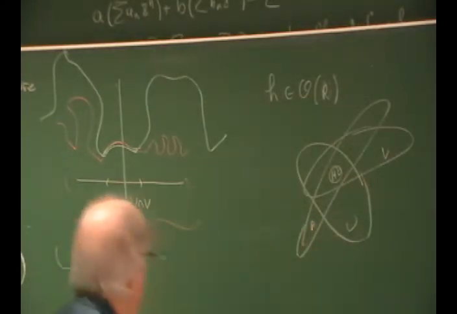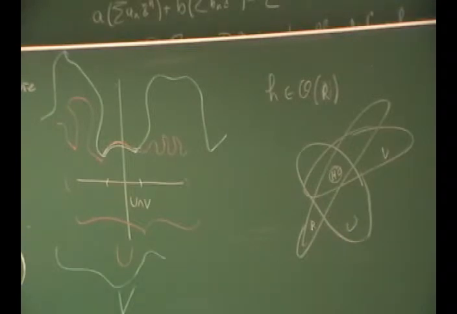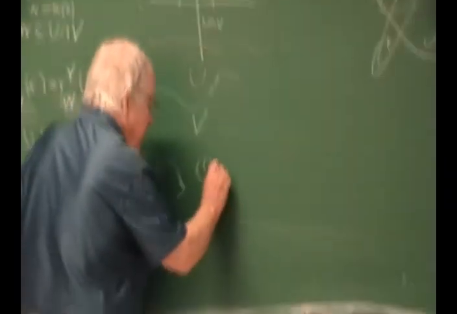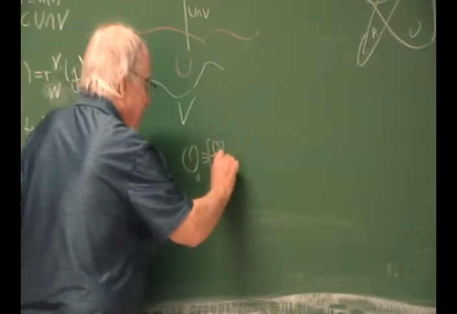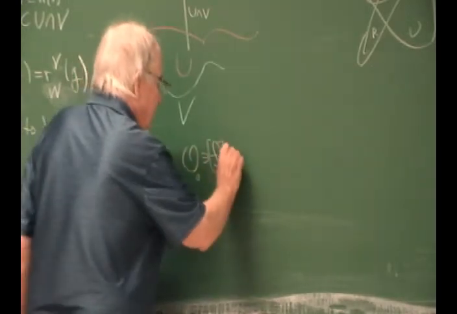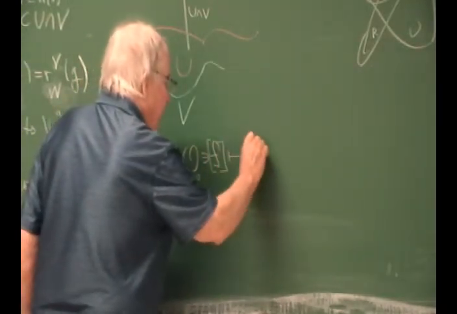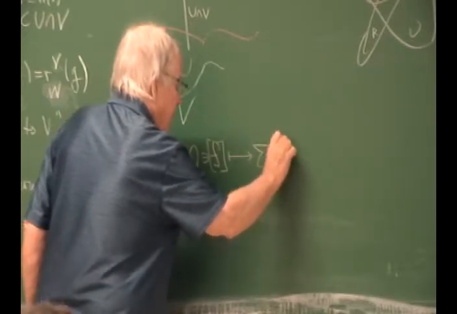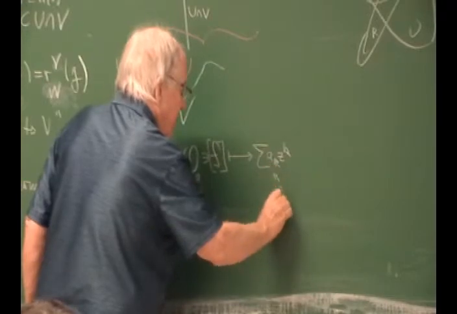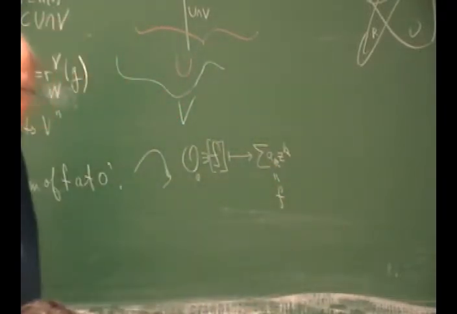So this is a way of localizing functions at a point. And so we get the space of equivalence classes. If you have a function in this equivalence class, then the following map is well defined.